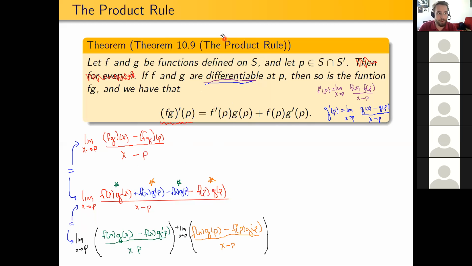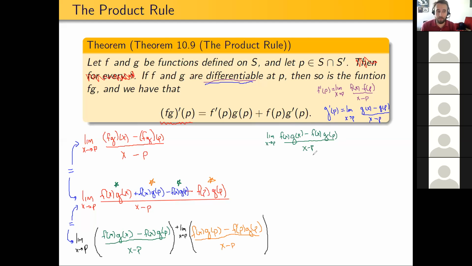Let's start with our green one. So the limit as x goes to p of, now let's see, this was f of x times g of x minus f of x times g of p all over x minus p.